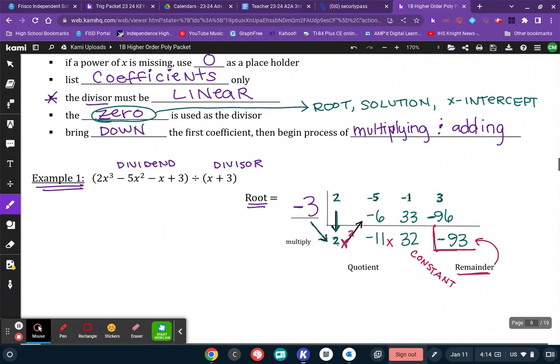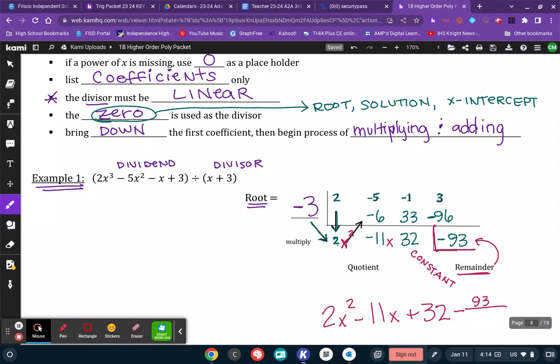So that sets me up to be able to now write my quotient, 2x squared minus 11x plus 32. And then with the remainder, we tack it on at the end as a fraction with the remainder in the numerator and the entire factored divisor in the denominator.